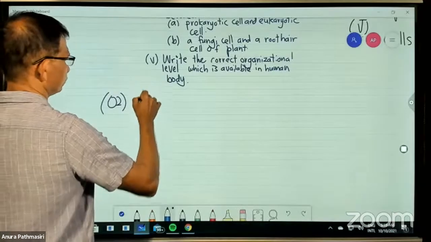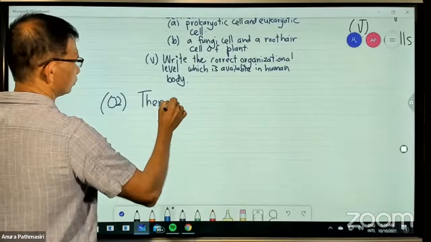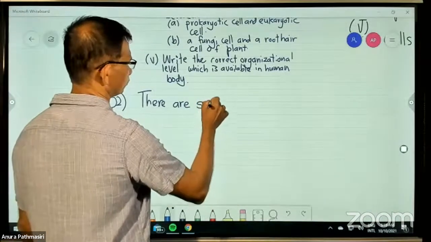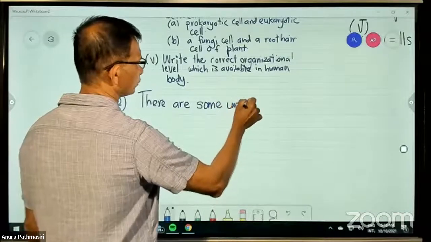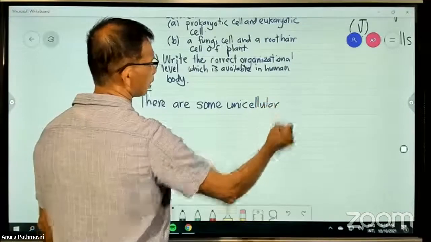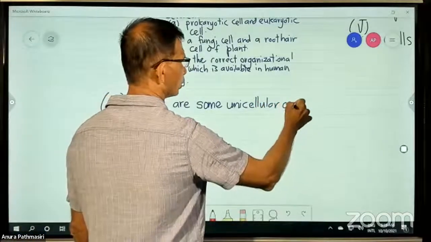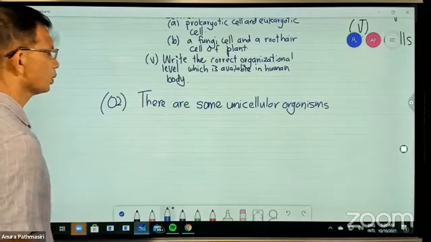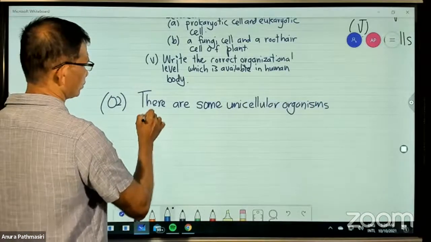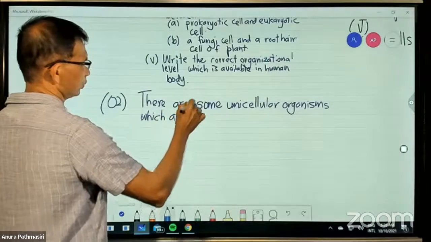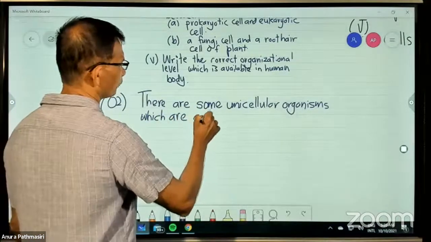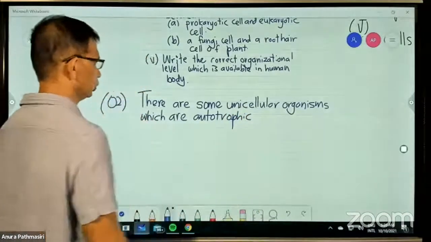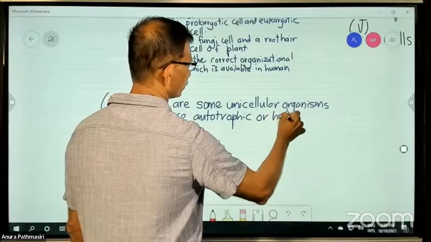There are some unicellular organisms which are autotrophic or heterotrophic.